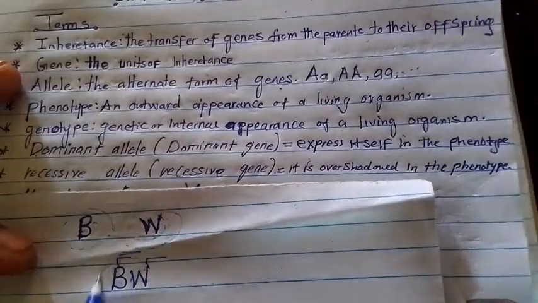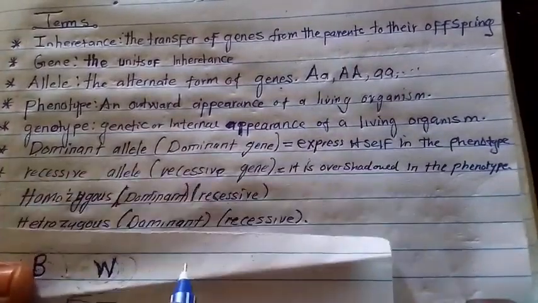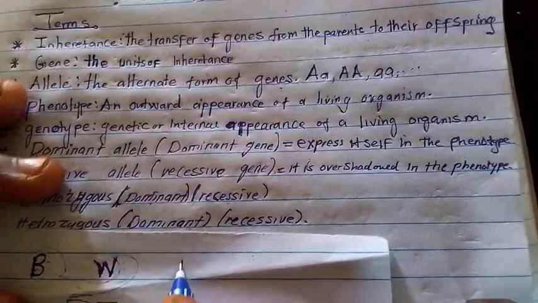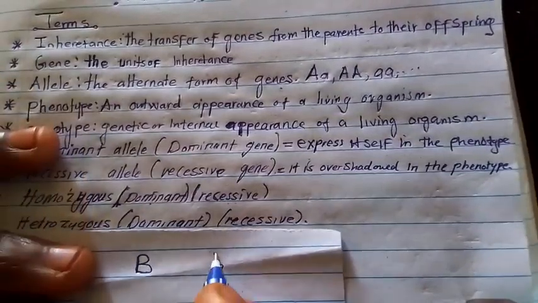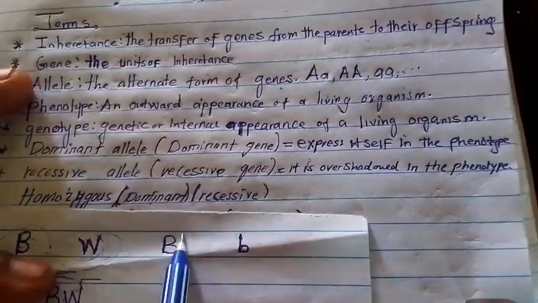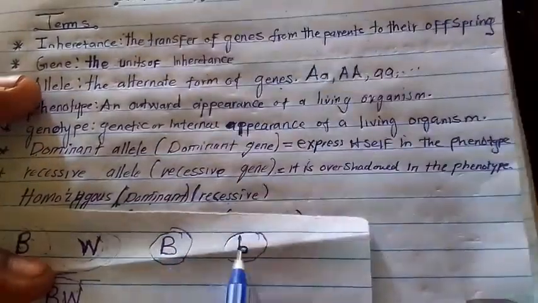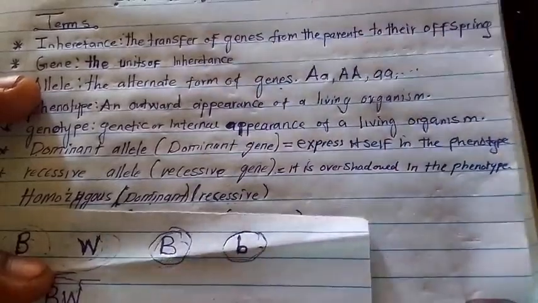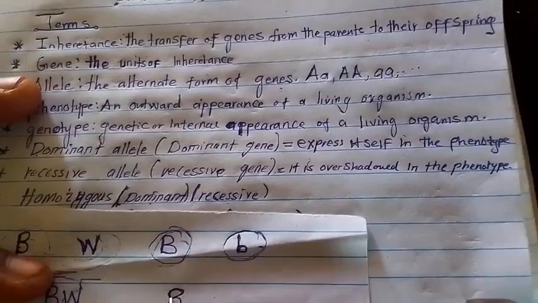But you can also have something like same letters, but they should be different from each other. So this one is dominant, and this one is what? Recessive. So they are not the same. This one is recessive, this one is dominant. So when we combine these two, we are going to have capital letter B and small letter b.